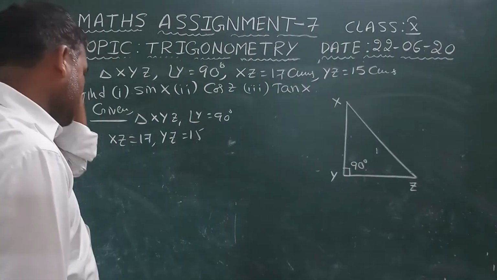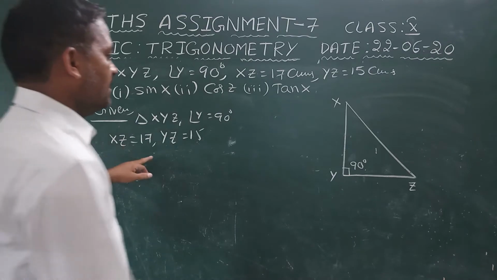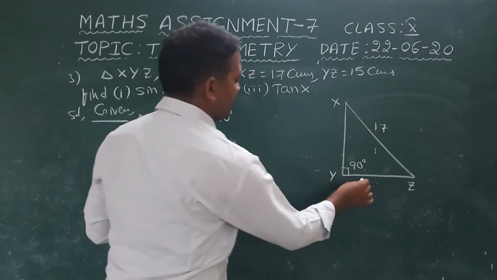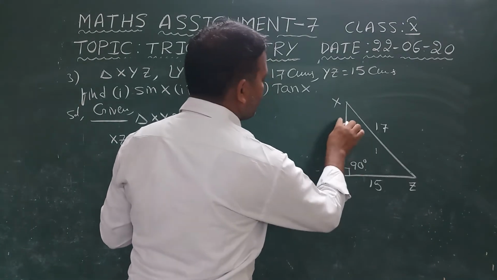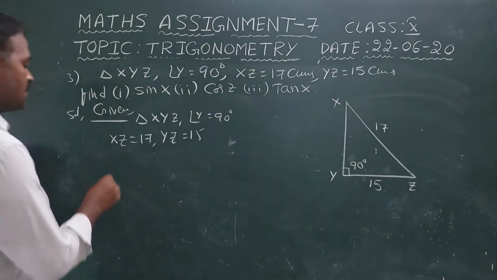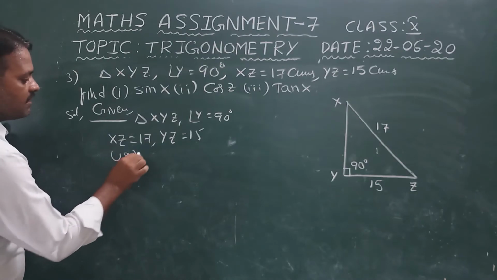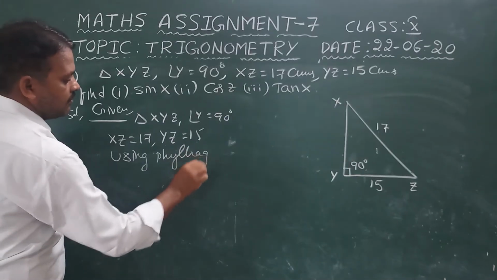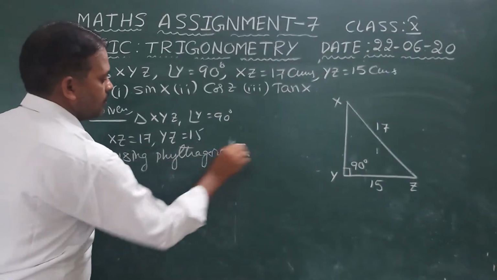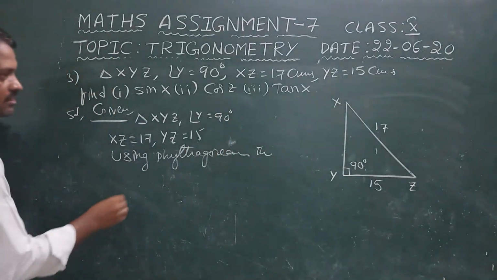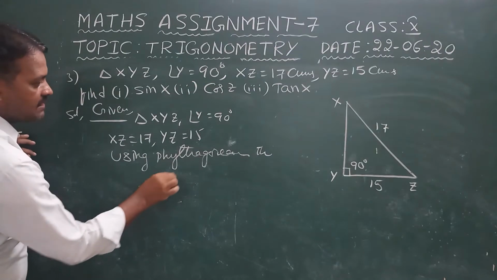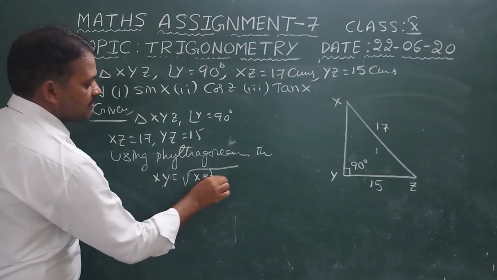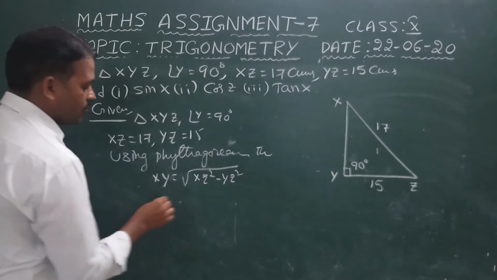Now we substitute here. XZ is 17 and YZ is 15. I need to find XY using the Pythagorean theorem. So XY is equal to the square root of XZ squared minus YZ squared.